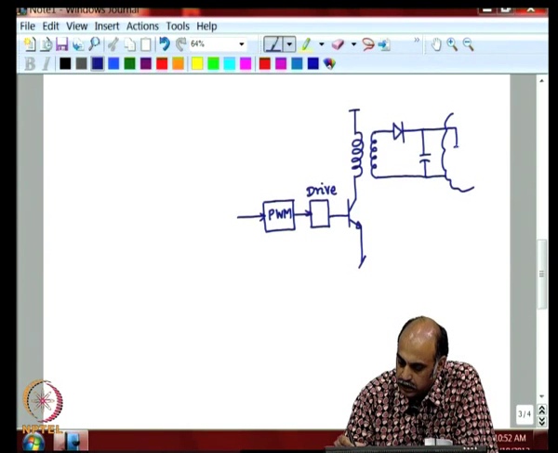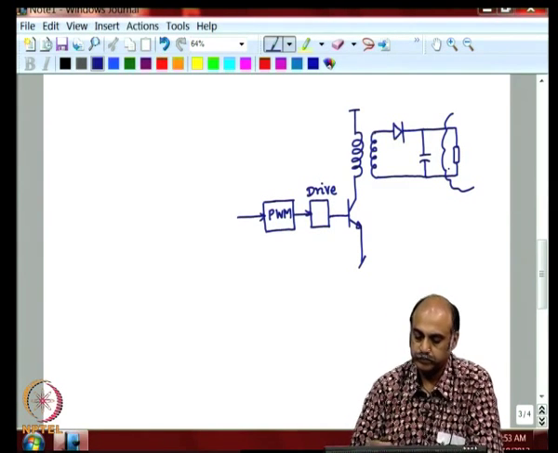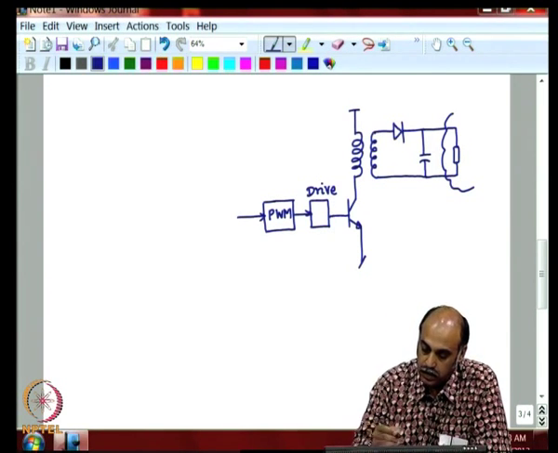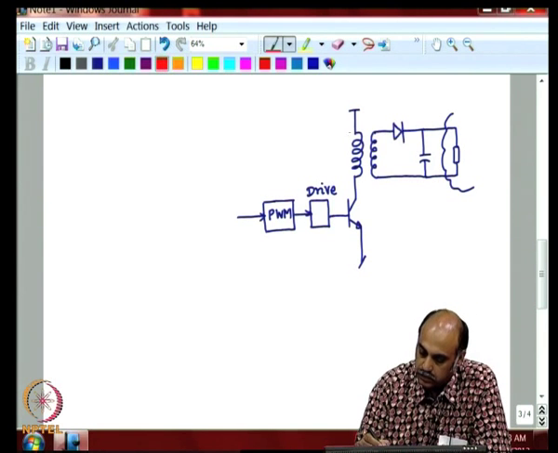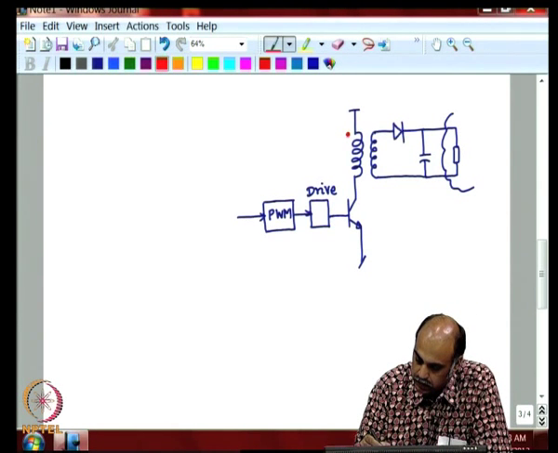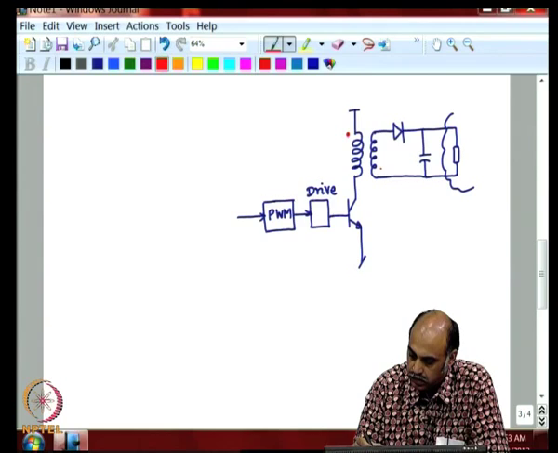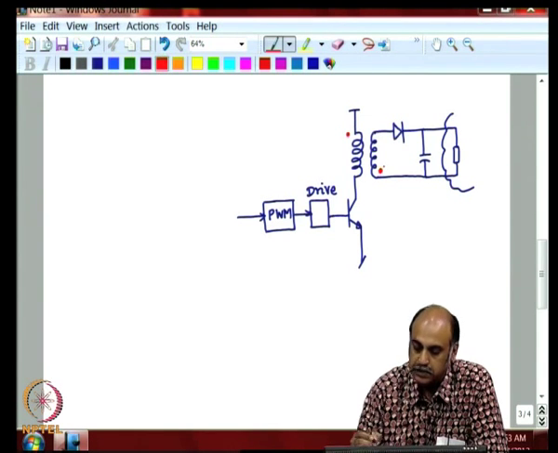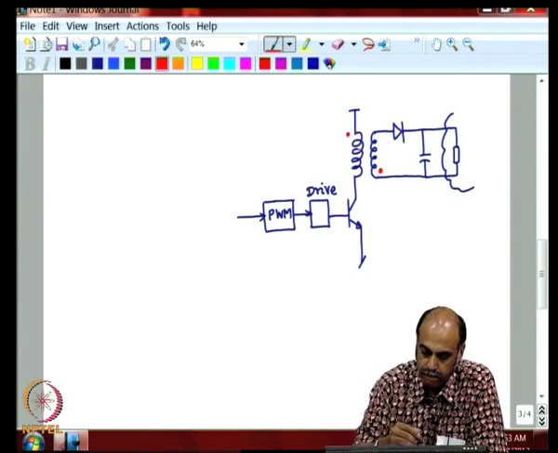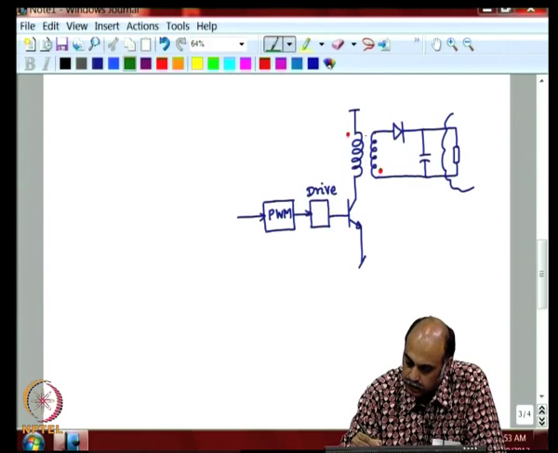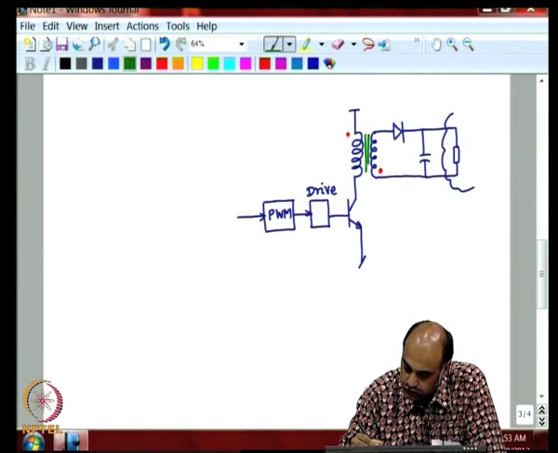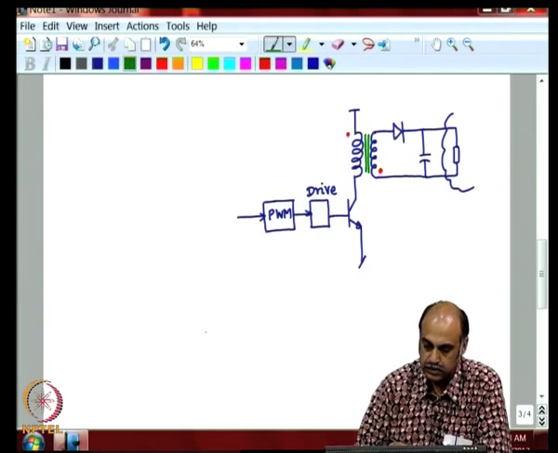Let me indicate it as a resistive load in this fashion. Very important to note that the dot polarities of the transformer are in this fashion, for the flyback, as you have studied earlier in the class.